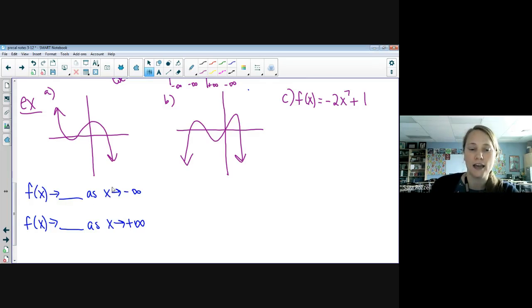So when they say x goes to negative infinity, this just means look at your left arrow. That's telling you what's happening with your y value on the left-hand side. And in the same way, as x goes to positive infinity, this is asking you about the right side or the right arrow.